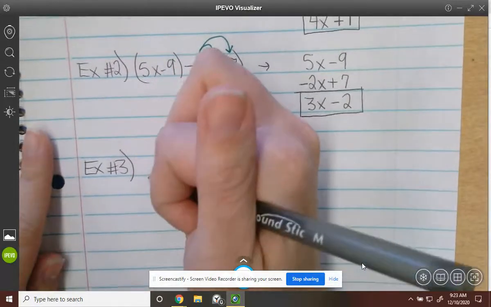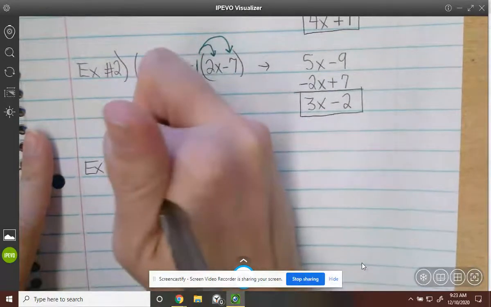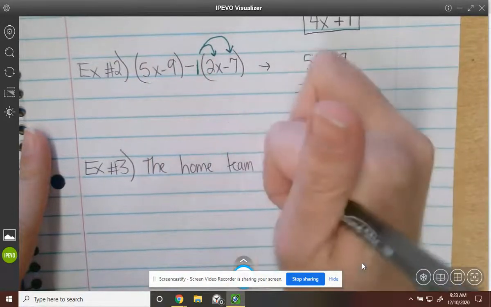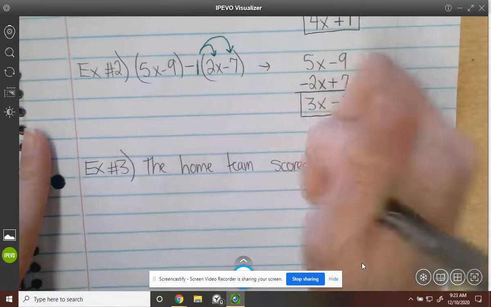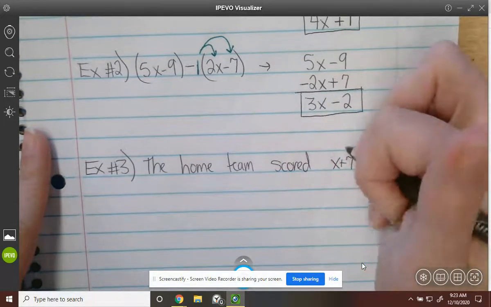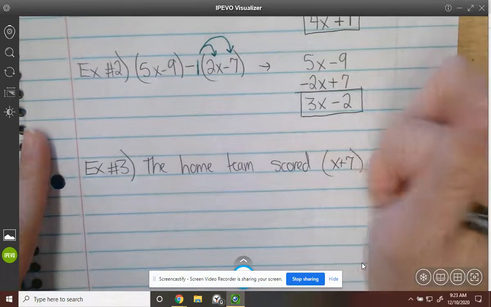Okay, let me shorten this up. The home team scored x plus 7 runs.